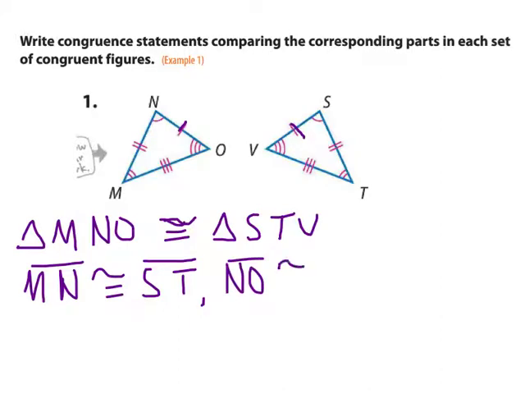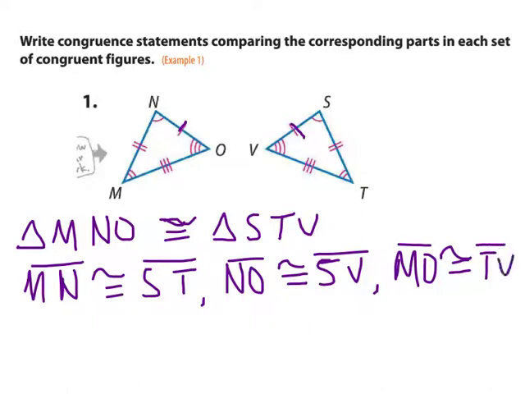NO is congruent to VS or SV, and MO is congruent to TV.